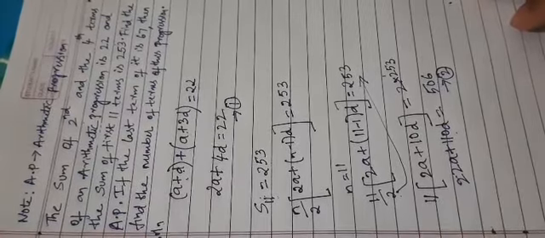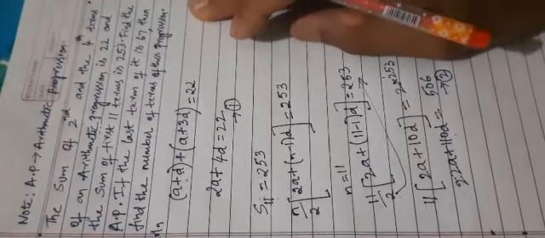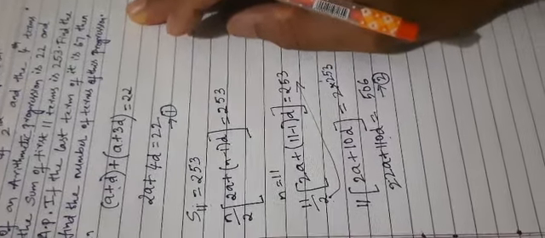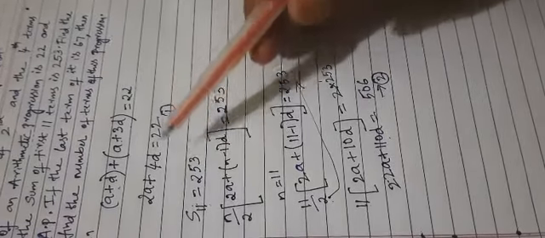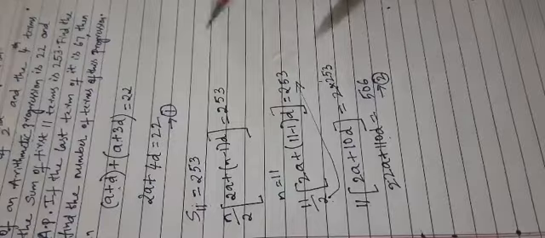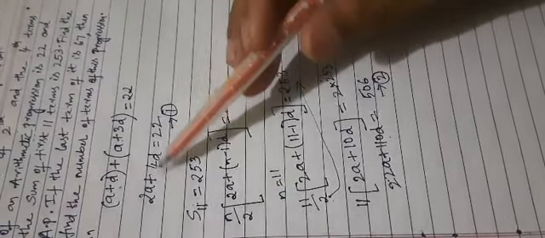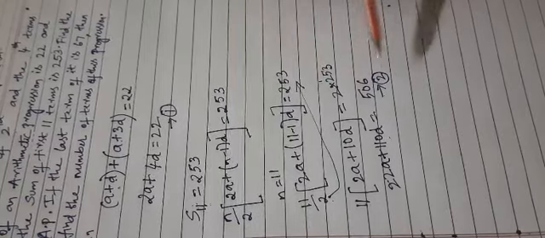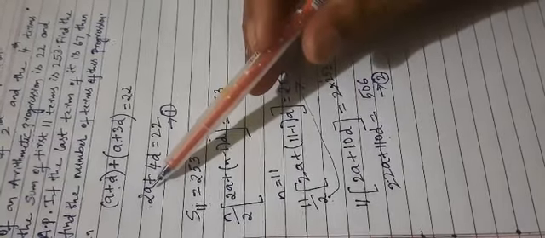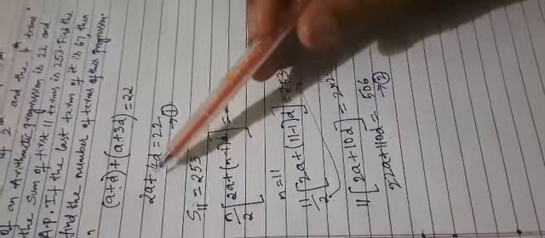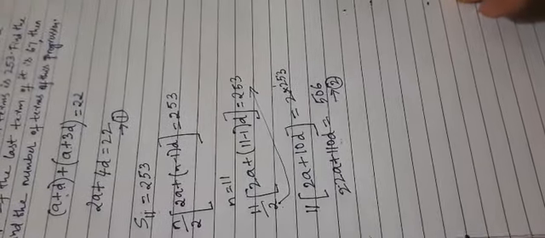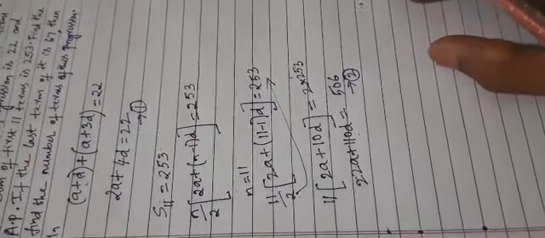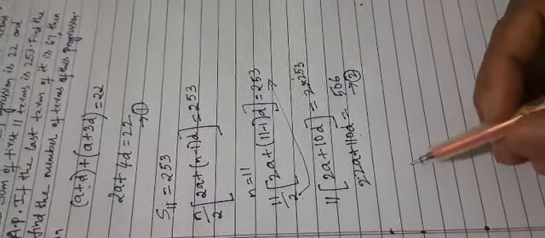Now we will go to the next part of the steps. Now we have to consider these two equations and solve for a and d. Elimination method we have to use, taking equation 1 and equation 2. So let me consider the two equations now.